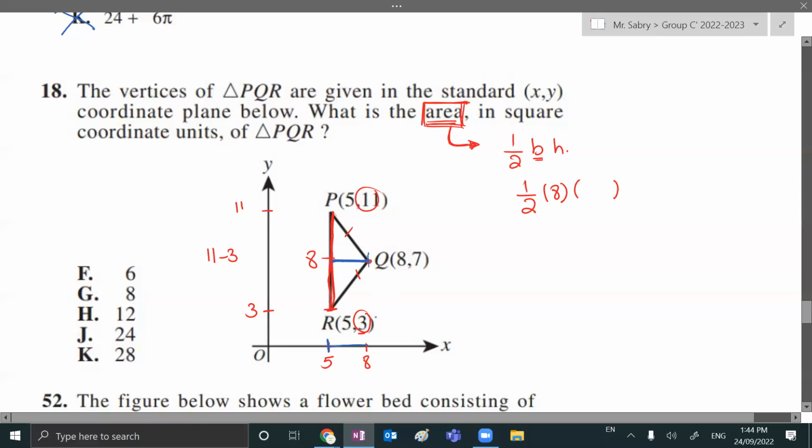So this length here is 8 minus 5, which is 3. So now I have the height as 3. Half times 8 times 3, that's 12. That's the answer.